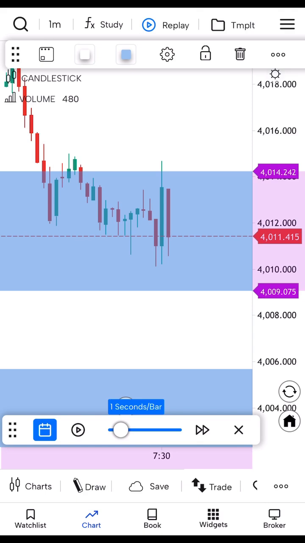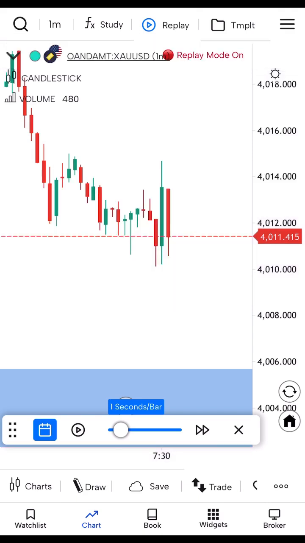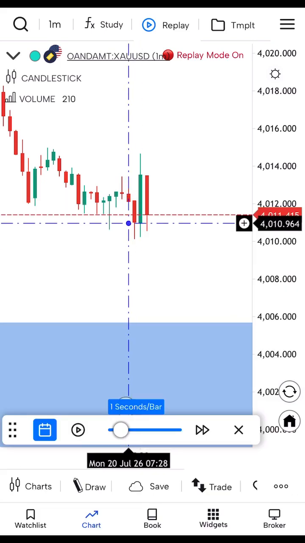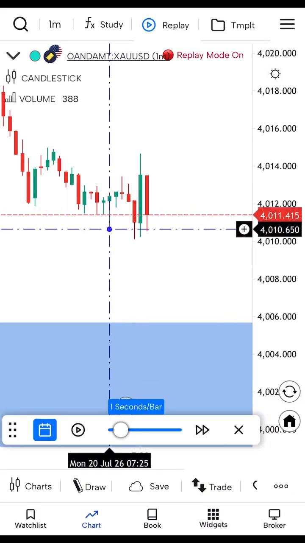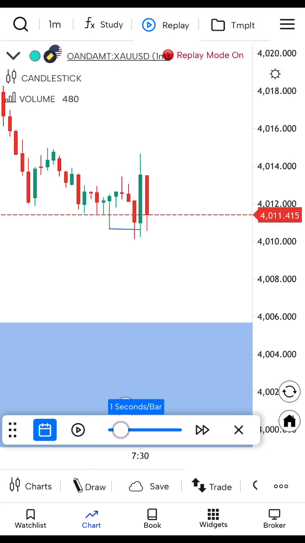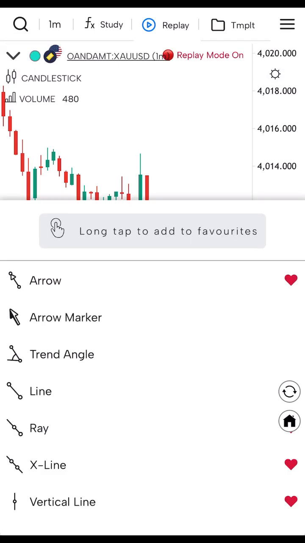Let me delete this level so that you can see clearly. Okay, so first of all, what we can see is that price created this low, and it went below it, right? But left only wick rejection. Or is it a sweep of liquidity? Then we look higher.